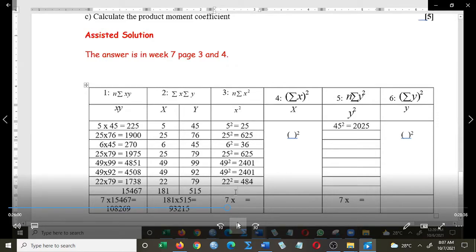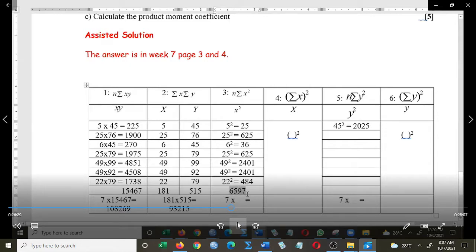And what is the sum of our x squareds? Anybody? 6597. Now that's 6597.